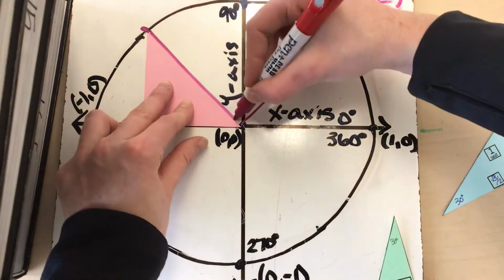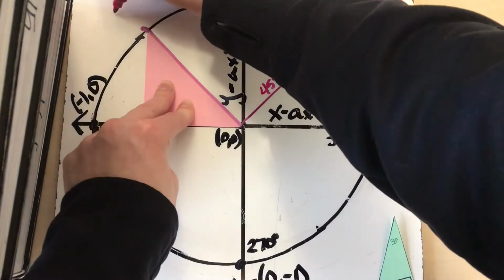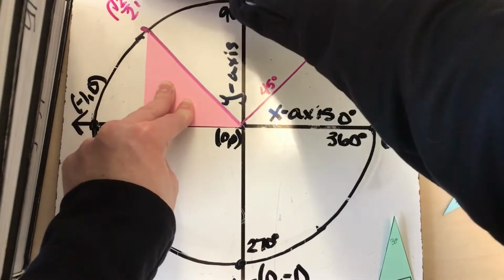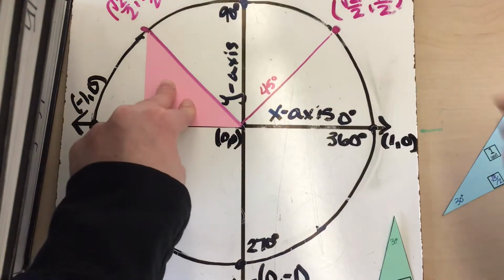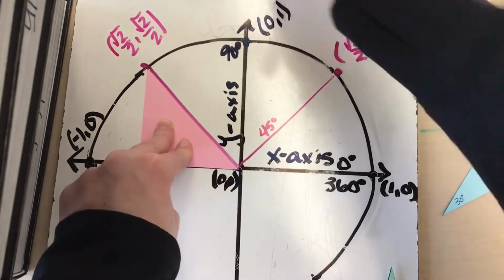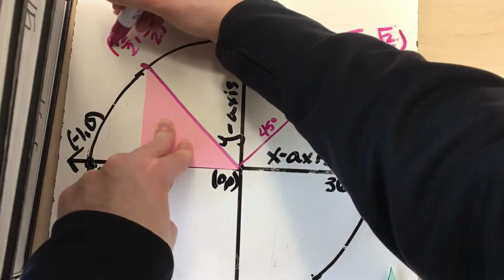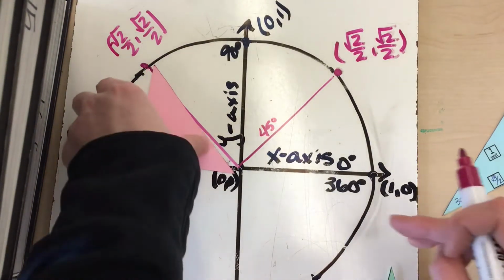Just like it was when we filled out our graph, square root of 2 over 2, square root of 2 over 2 are always going to be our numbers for this 45 right triangle. However, since we go to the left on our x-axis for this one, we have a negative for the first part of that coordinate point.